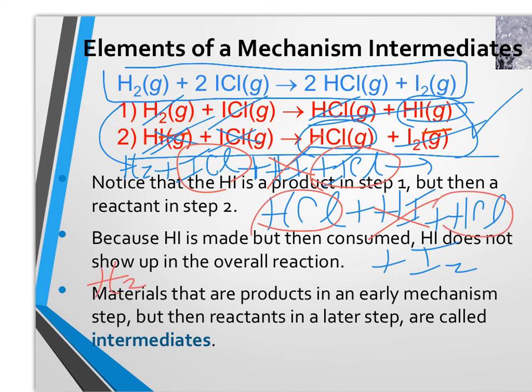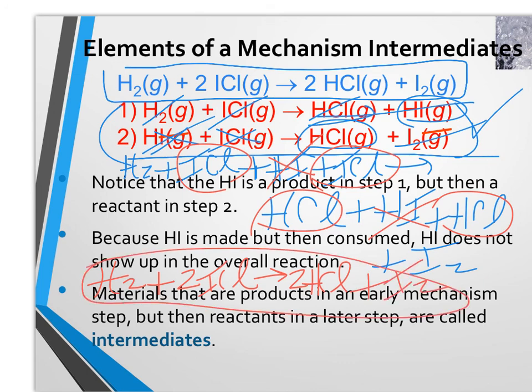So I have H2 plus 2 ICl yields 2 HCl plus I2. Okay. So now when you add the two mechanisms together and simplify it, it must match the overall balanced reaction, which in fact it does. So it meets requirement 1.